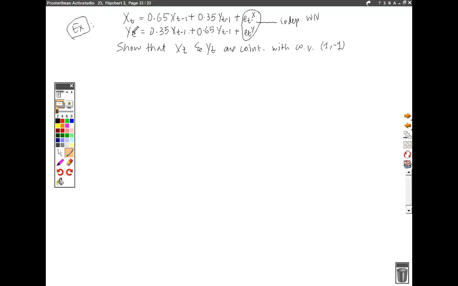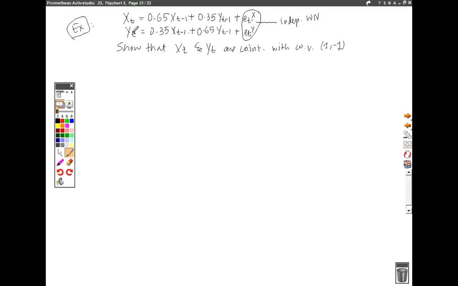I think 1 with xt and -1 with yt would help me. Exactly right. So I just have to show that my xt minus yt is indeed a stationary process.